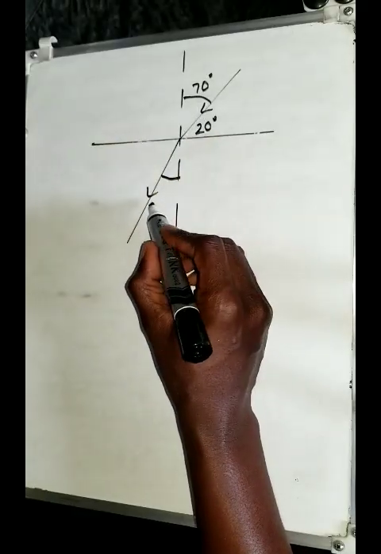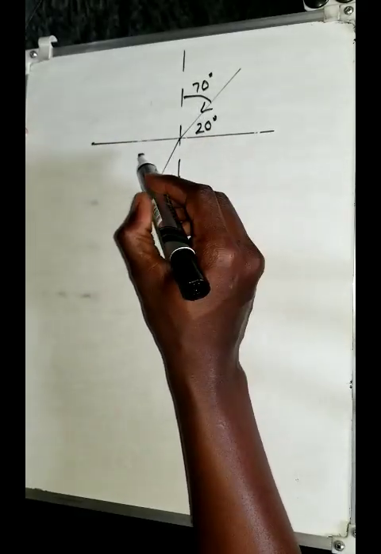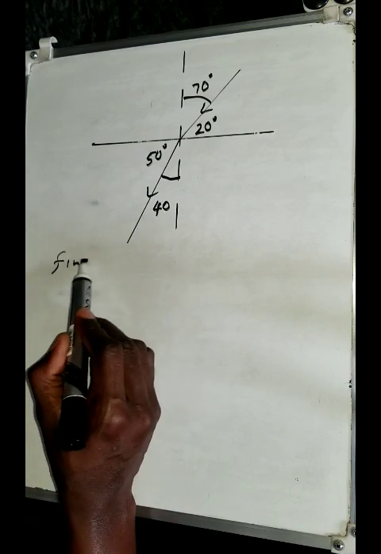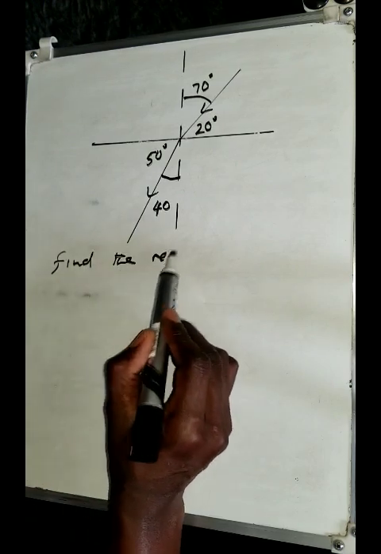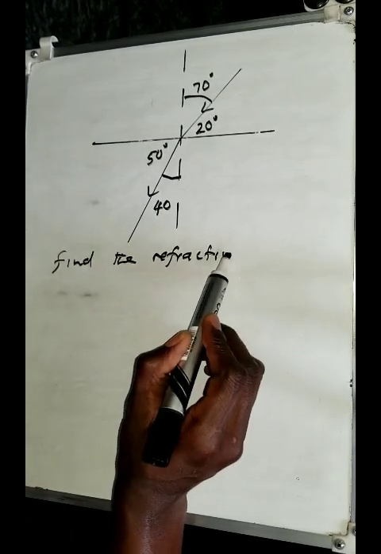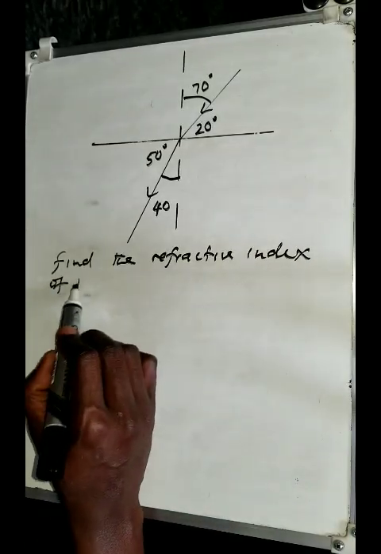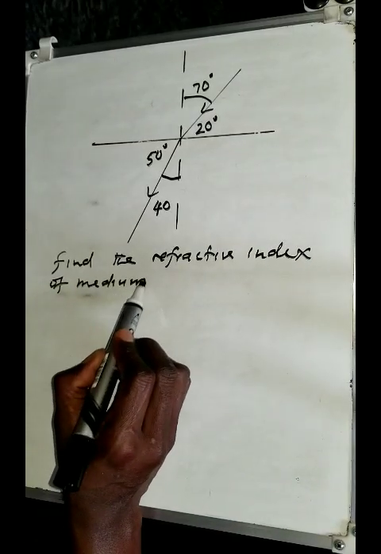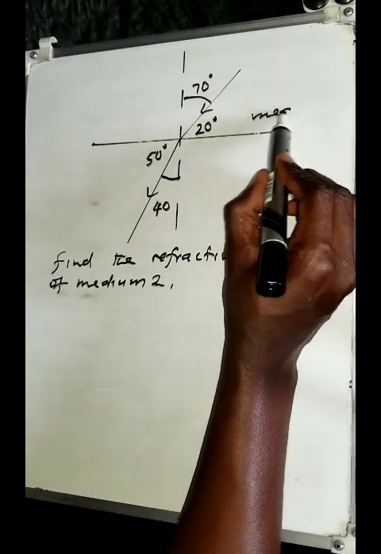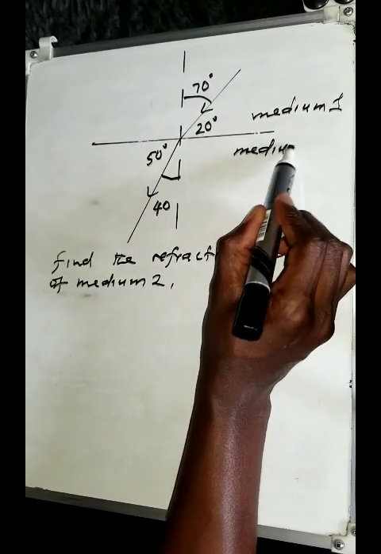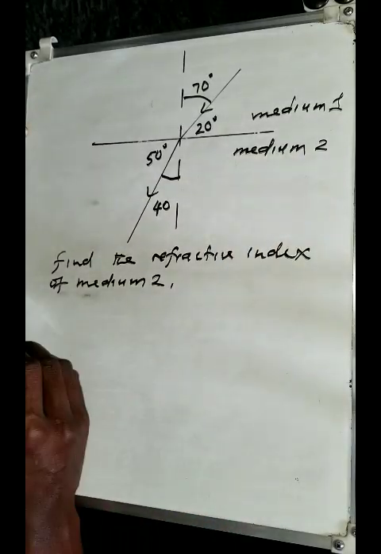So maybe we can say that you have got 40 degrees and that is 50 degrees there, and we can tell you to say find the refractive index of medium, let me say medium 2. Let me say this is medium 1, and let me say that is medium 2. So how can you go about that?